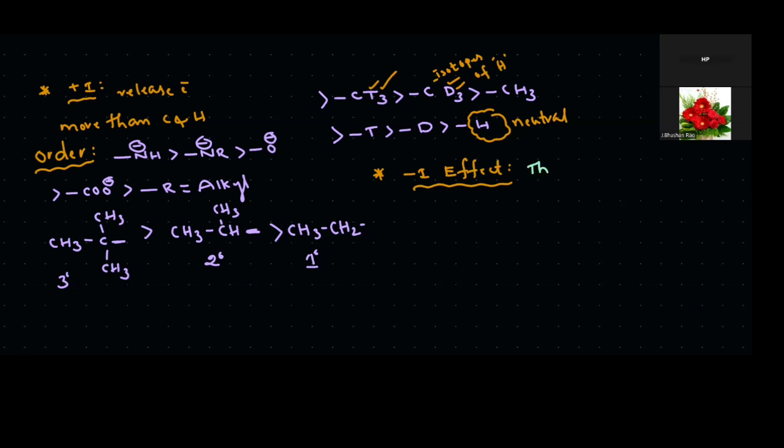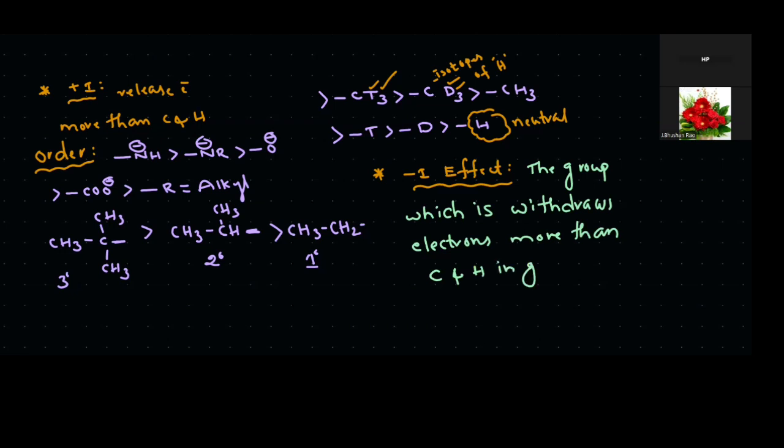The group which withdraws electrons more than carbon and hydrogen in a given chain is called minus I effect, or it is also called an electron withdrawing group.